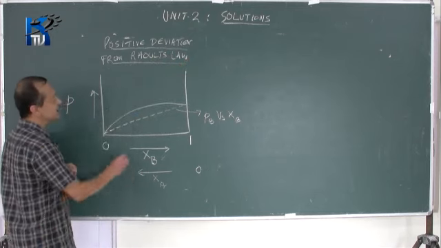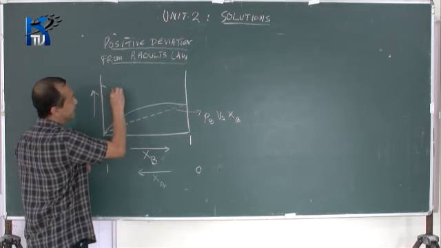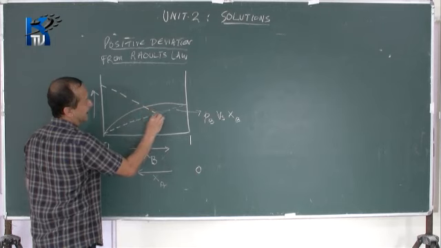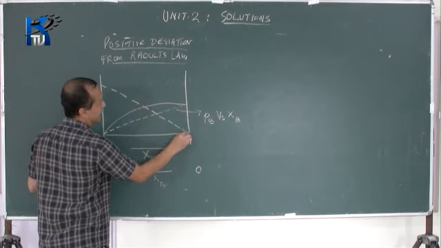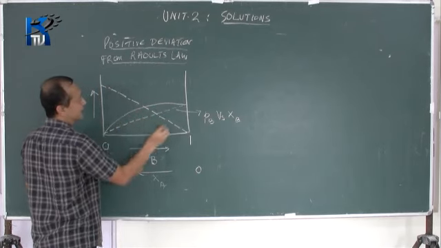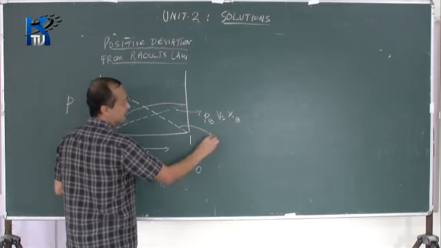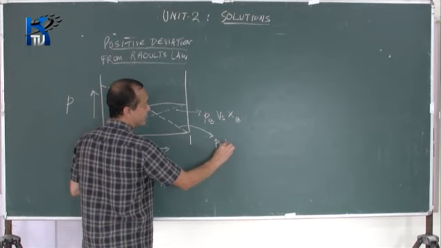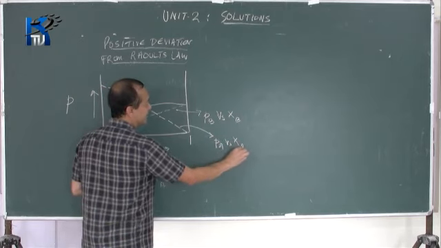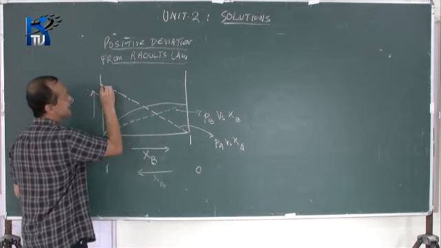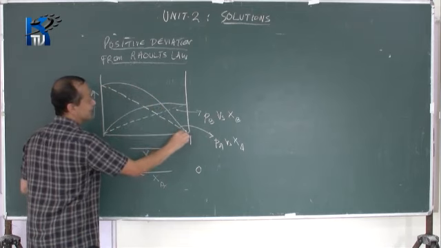Similarly, the graph of the A component will be like this. If it is ideal, this is PA versus XA, but since it is not ideal, it will be like this.